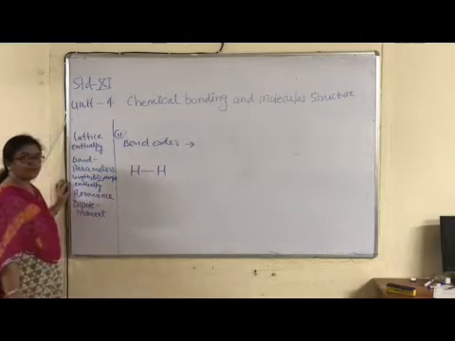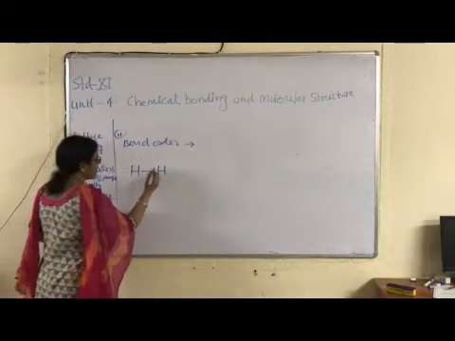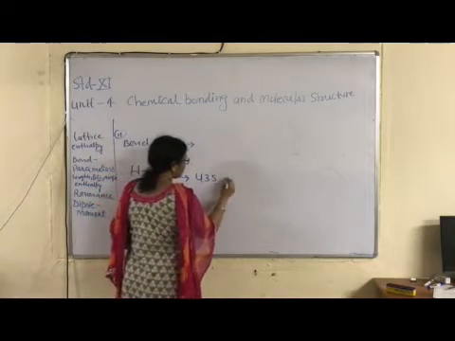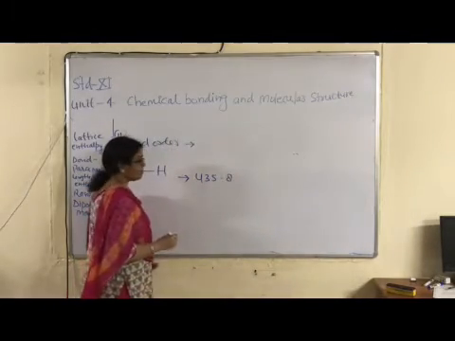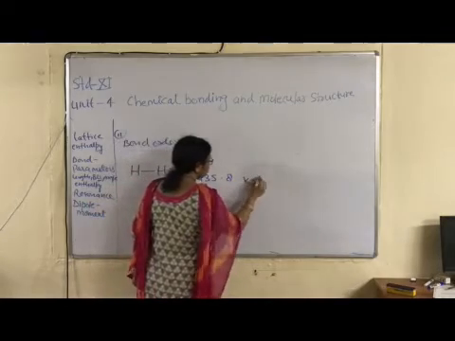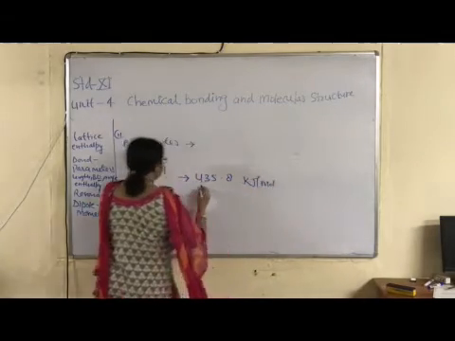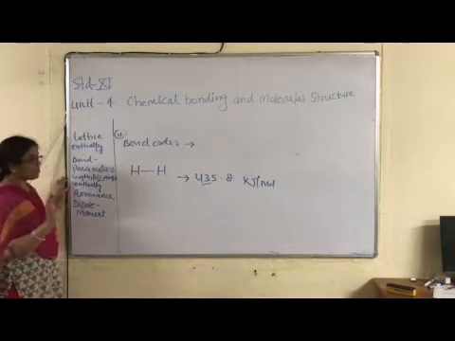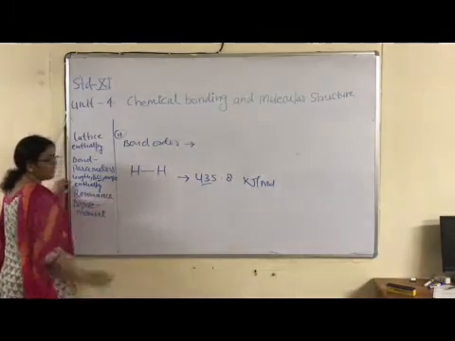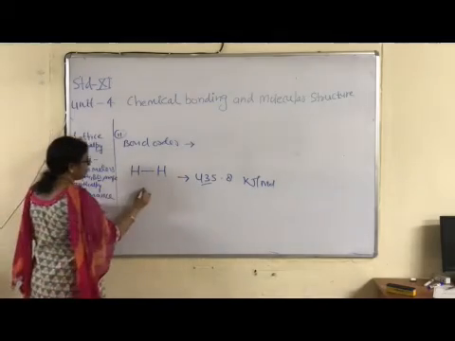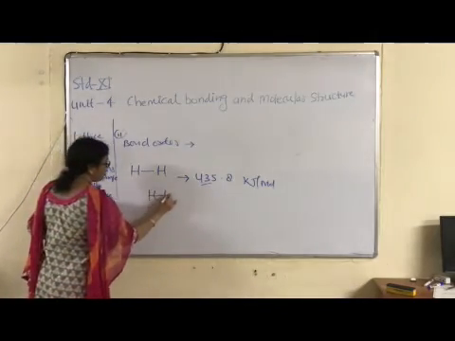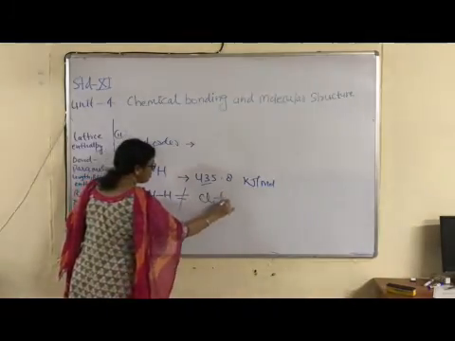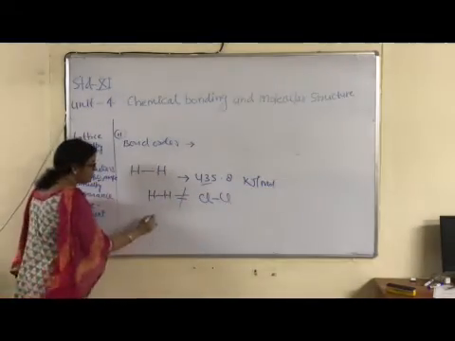In the case of the hydrogen molecule, its bond enthalpy is 435.8 kilojoule per mole, right? This amount of energy is fixed because it depends upon the electronic environment. Bond enthalpy of H–H is not equal to Cl–Cl, right?